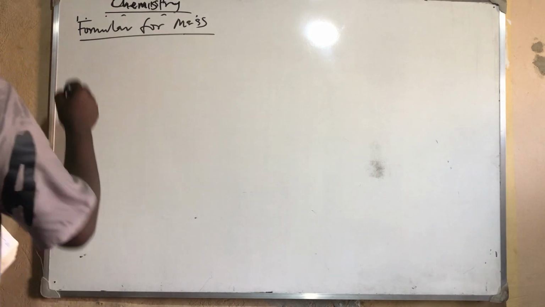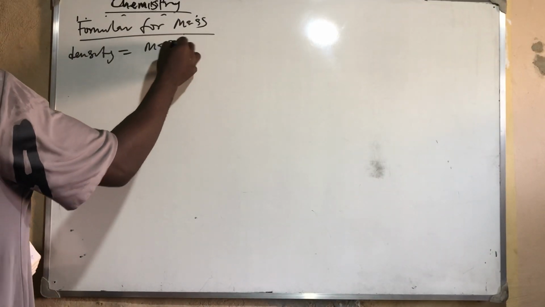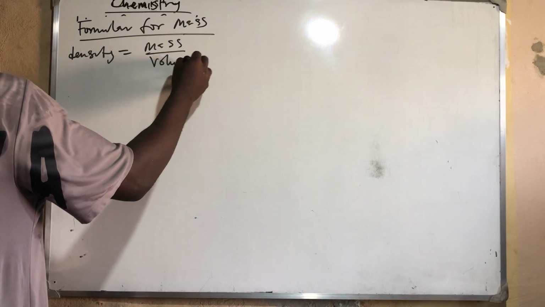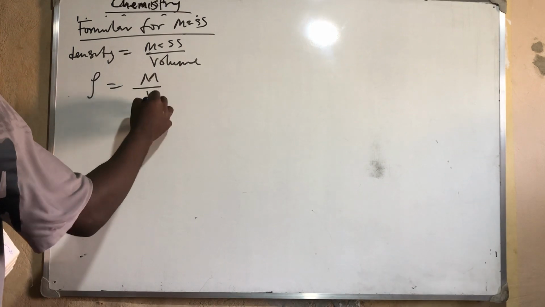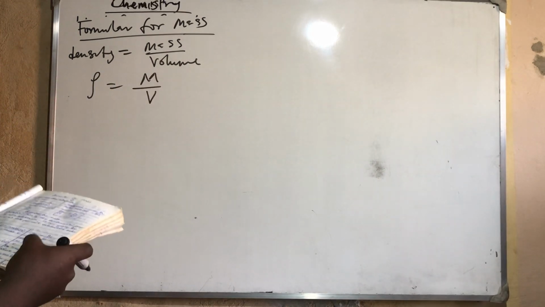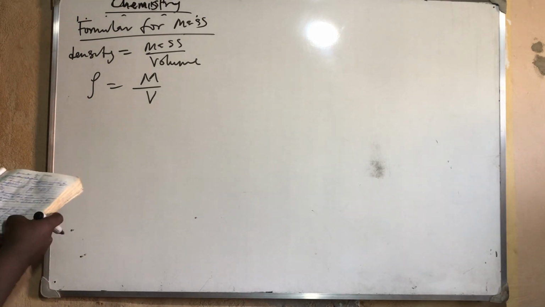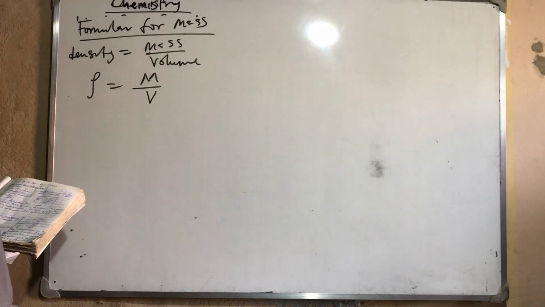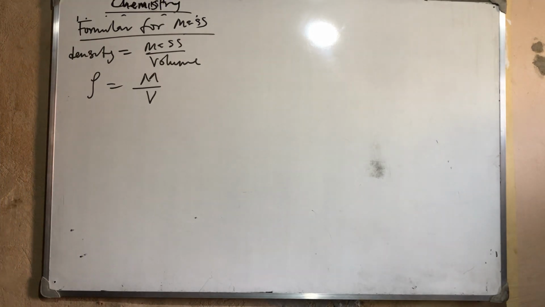We know that density rho is equal to mass m over volume. So if you cross multiply, you will have mass over volume.